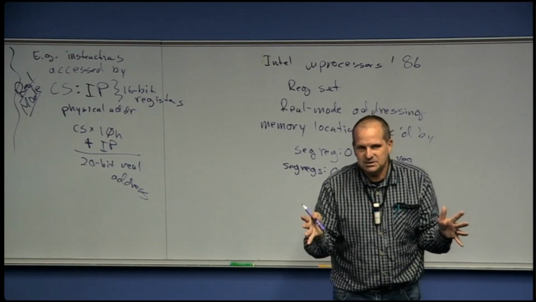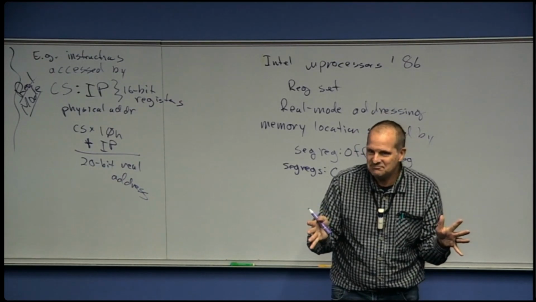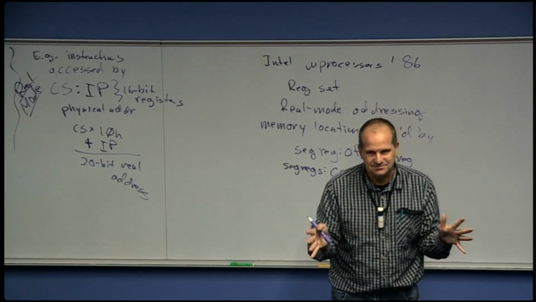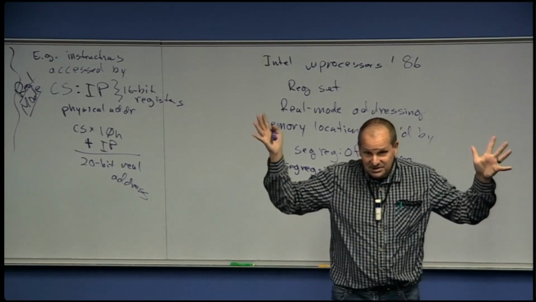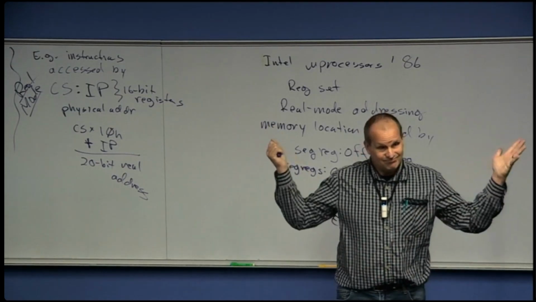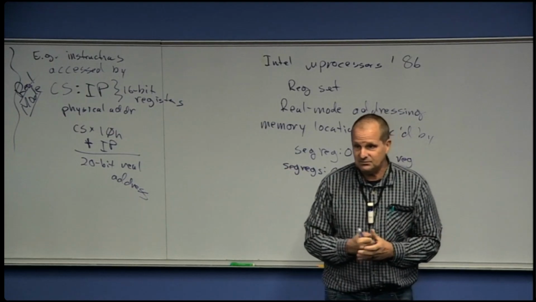Now, the average user doesn't know. Do they care? No. As long as it does what you want it to do, good with me, right? Even as a programmer and engineer, I'm fine with that.